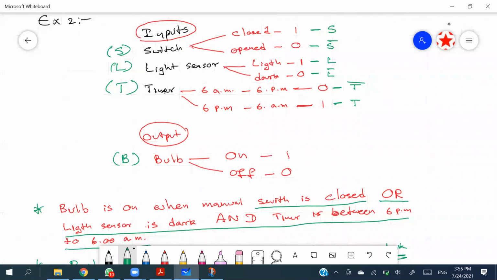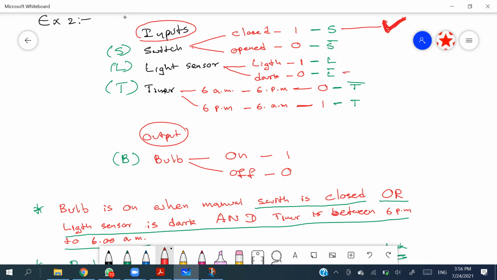All right. So what it says, now how the bulb is on, when switch is closed. Switch is closed means this should be satisfied. Or light sensor is dark.